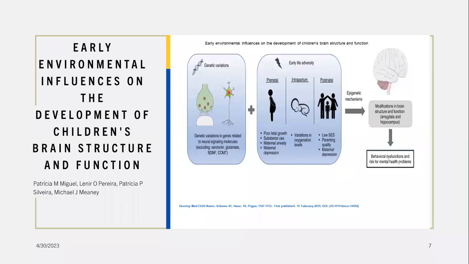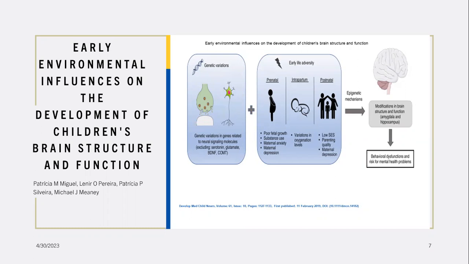In this research, there's a great paper called The Early Environmental Influences on the Development of Children's Brain Structure and Function from the Journal of Developmental Medicine and Child Neurology.